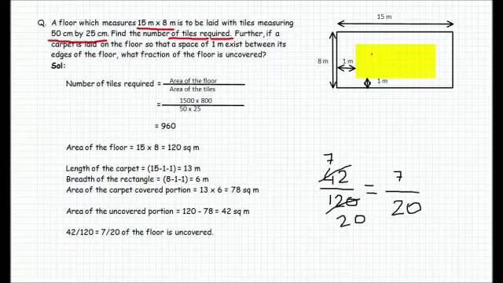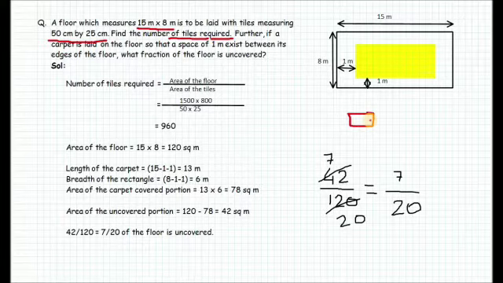Okay, now just don't think of this yellow colored region. Just imagine this is the floor, and there are some small tiles, and you need to cover the floor with these tiles.